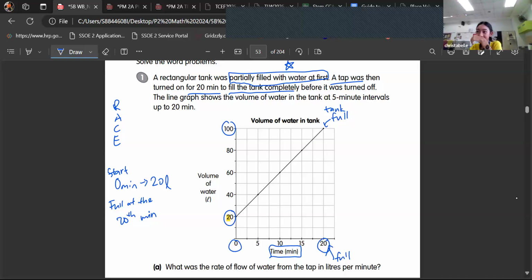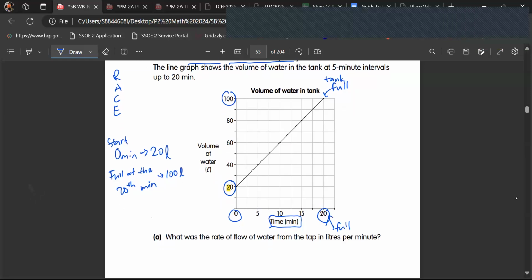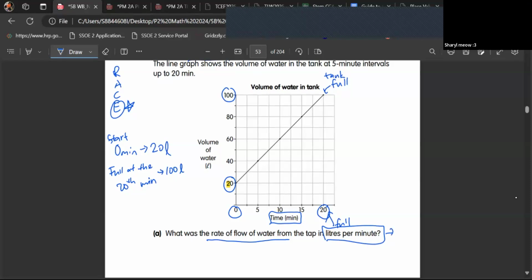Now, here's the challenge. Full at the 20th minute, that was 100 liters. Then the question asks for the rate of flow of water from the tap in liters per minute. So the unit is very important. Here, it should be liters per minute.